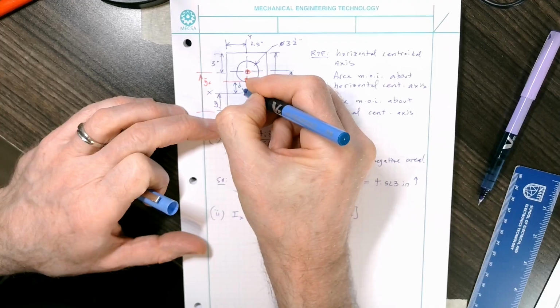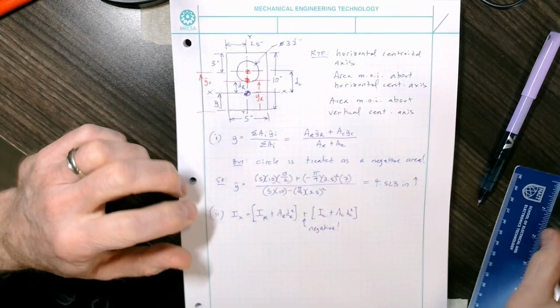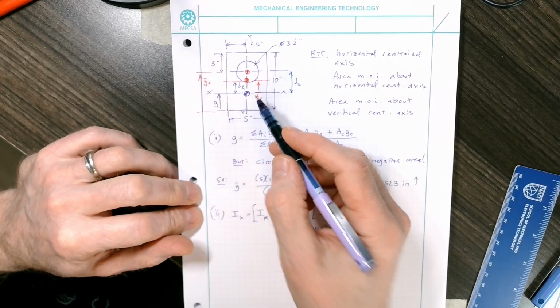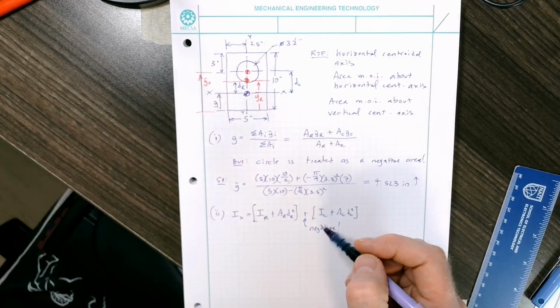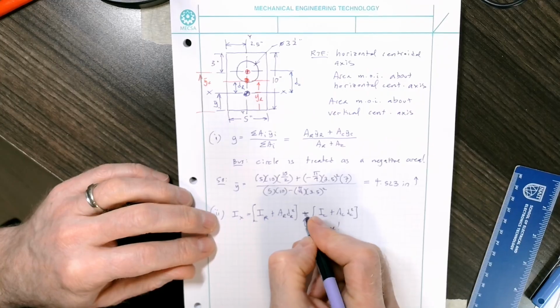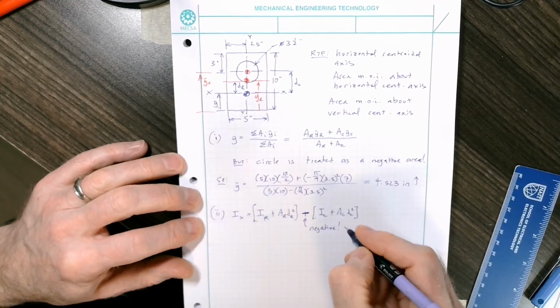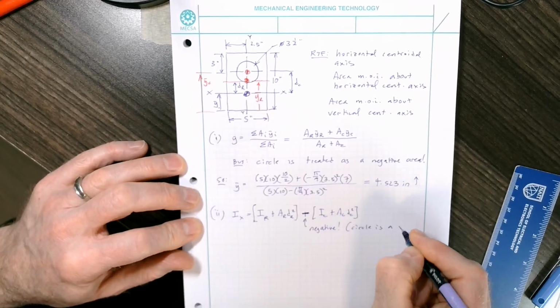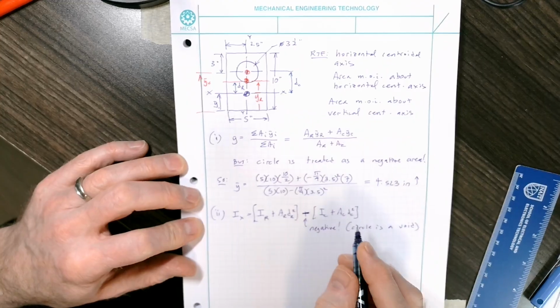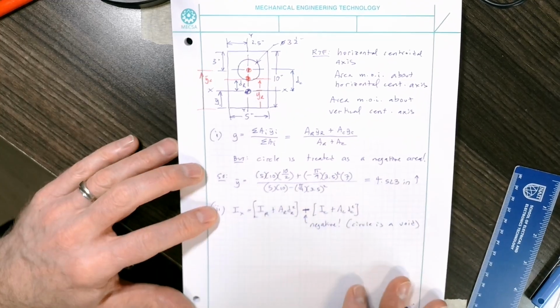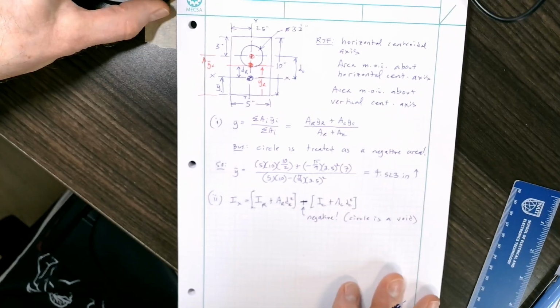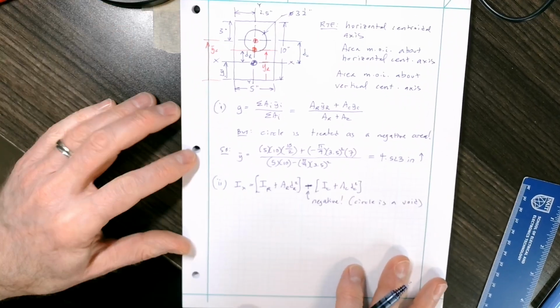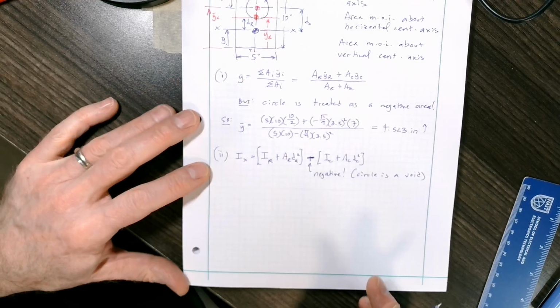Now, I agree the diagram's getting pretty busy, and you could make another diagram down here, but I chose not to. This should be negative. Circle is a void. All right, here we go. I'm going to move this up a little bit.